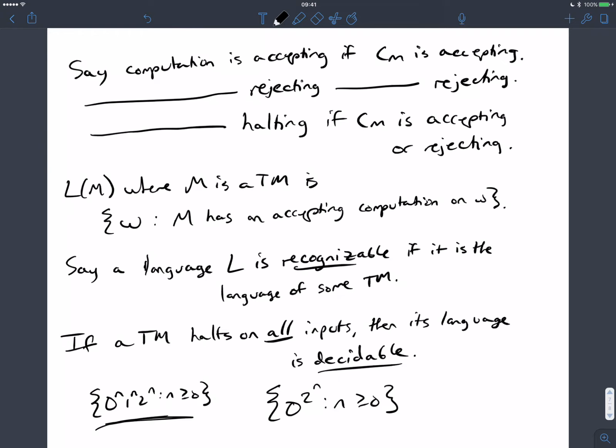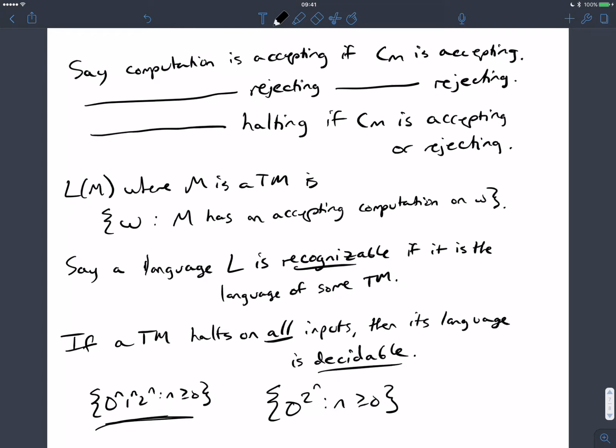I don't make any qualification as to what the other strings are going to do. In one of the theorems we'll prove, we will require that all the other strings run forever. But the ones that are in the language have to halt and accept. Decidable means everything halts and correctly says the right answer. As long as everything halts and says the correct answer, it's decidable.